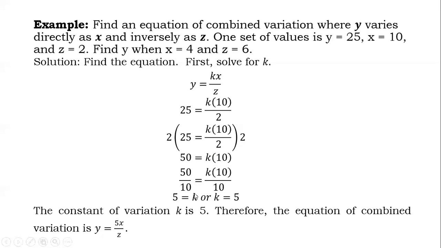Divide both sides by 10 to get the value of k. Now our constant of variation is 5. Therefore, the equation of combined variation is y equals 5x over z.